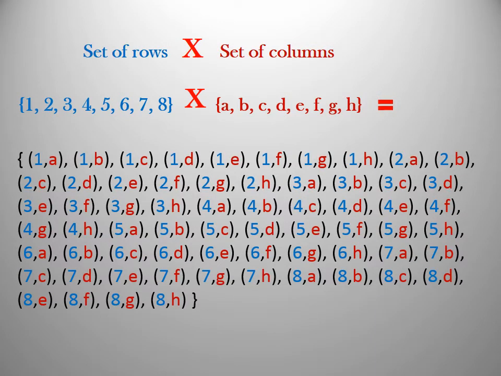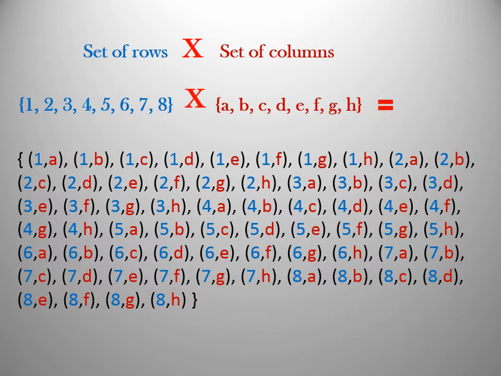What is this? This is a big set, beginning with the braces of the set, and including some ordered pairs. Every ordered pair, like 1A, is a chair number. 1A is an ordered pair. Its first projection, which is 1, belongs to the first set.